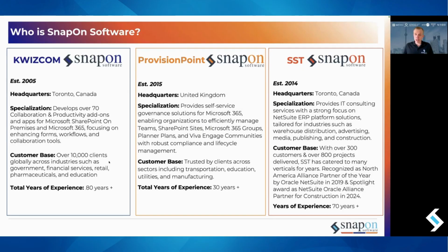The second brand is Provision Point for our governance product. That's uniquely just for Microsoft 365 and helps organizations with provisioning and lifecycle management for Teams, SharePoint, and Microsoft 365 groups. And finally, we have our industry specific ERP solutions under the SST brand.